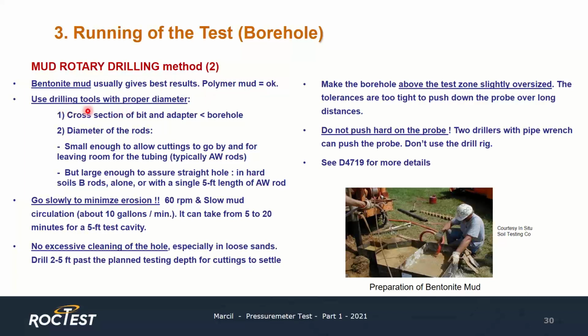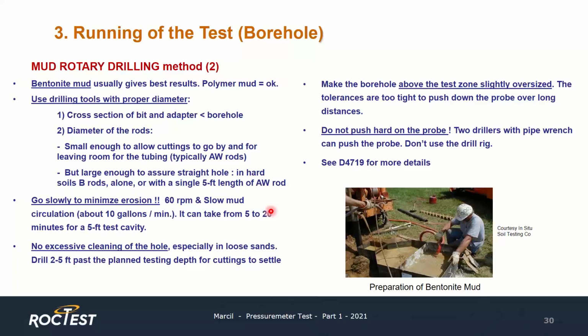Also, the drilling tools should have the proper diameter, so they should not be too big. The cross-section of the drill bit, the adapters and the rods should not be too large. They should be small enough to allow cuttings to go by. The most common size of rod that will be used is an A-size rod.